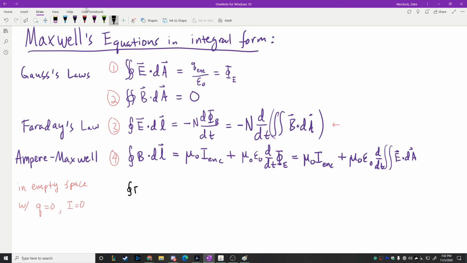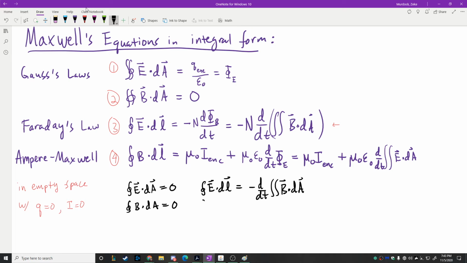So if I do E dot dA, where there are no charges, I get 0. If I do B dot dA, where there are no charges, I also get 0. If I do the integral of E dot dl, I get negative d/dt of B dot dA.